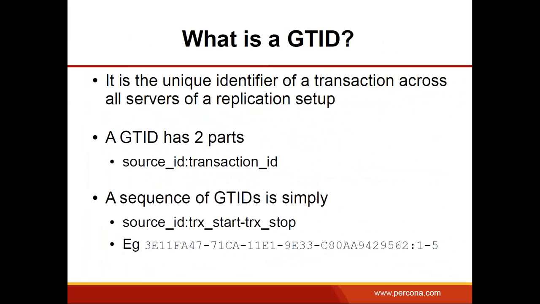So, for instance, when you have executed a sequence of GTIDs, you will have something like what you can see at the bottom. The source ID 3E11 etc., colon and then 1-5, meaning that you have executed transactions 1 to 5.